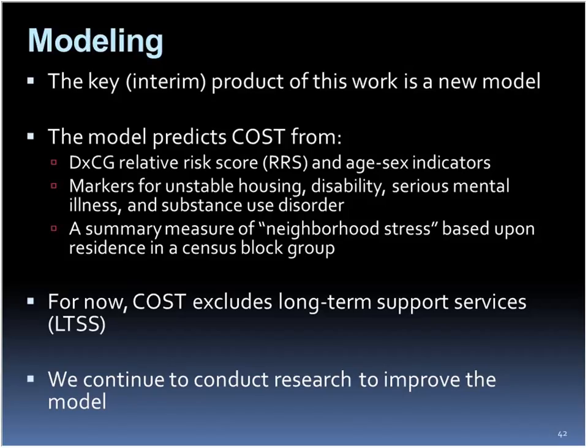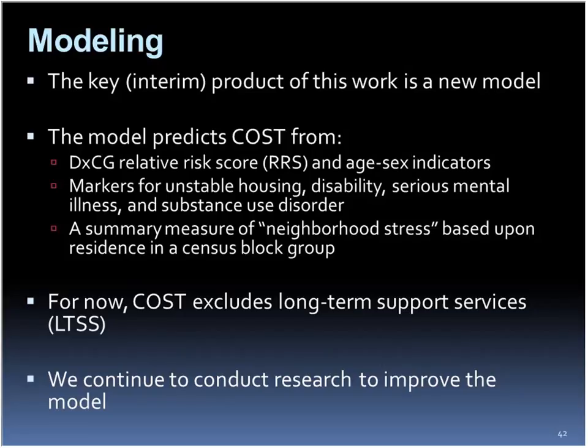Okay, so we're holding off on how we captured housing, but just to talk briefly about how we did the modeling. We do have a model that is being implemented now, and its predictors include the kinds of information that I've talked to you about.